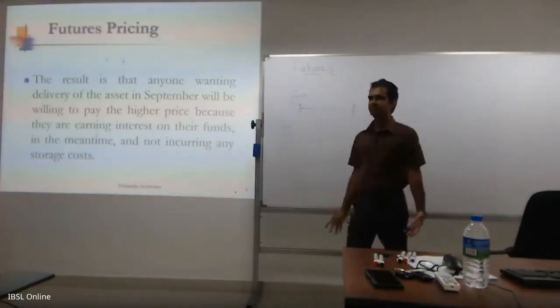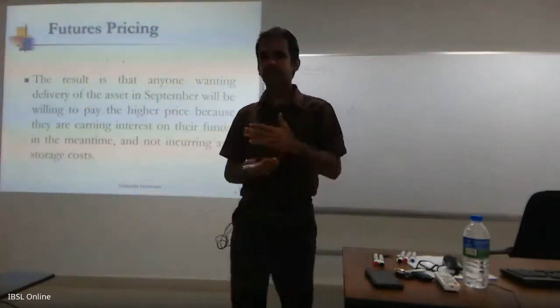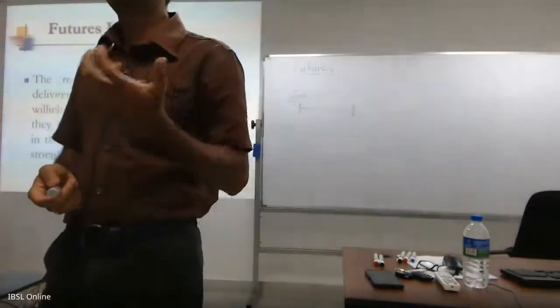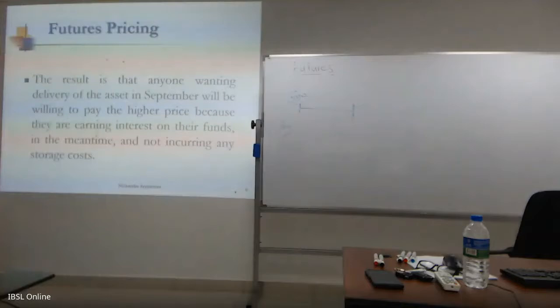In financial markets, that's how it works, because today you enter into a transaction to buy on a future date, so you save your money. Instead of buying it today, you save your money today. Then you earn interest. The other party forgoes that. You have to compensate. The other party has to incur storage.